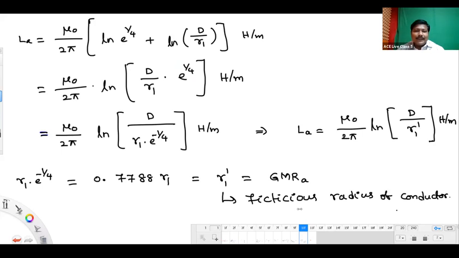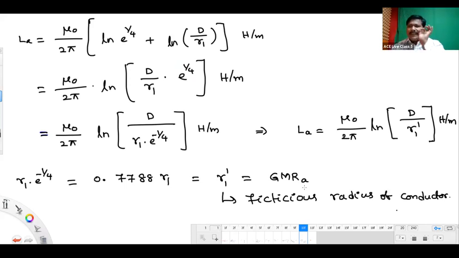Actually, GMR can't be shown exactly in the conductor. In the conductor, which portion is going to be called as GMR, we can't say that. GMR is a pure mathematical term. How do we get this GMR in the calculation?